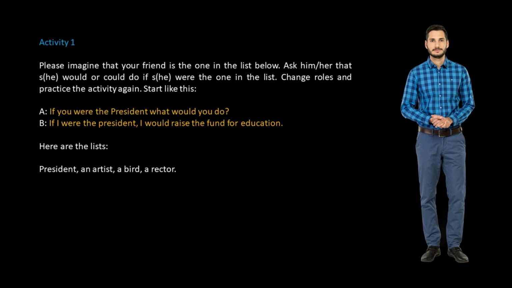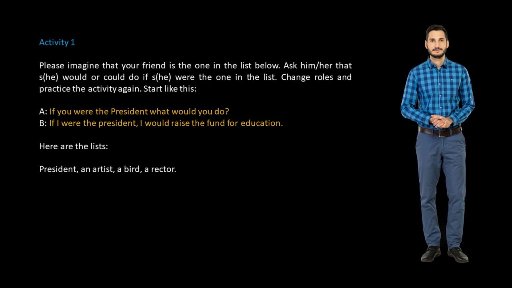Activity 1. Please imagine that your friend is the one in the list below. Ask him or her what she or he would or could do, if she or he were the one in the list. Change roles, and practice the activity again. Start like this.